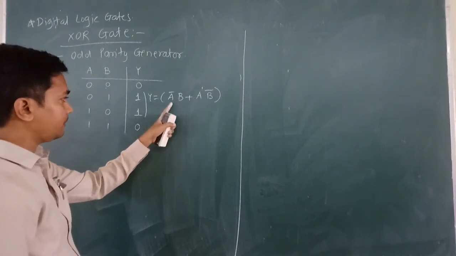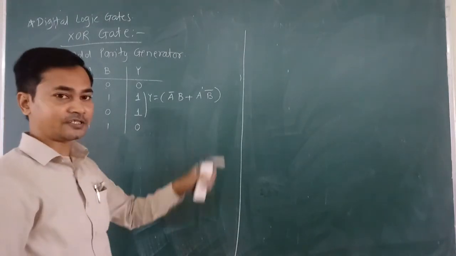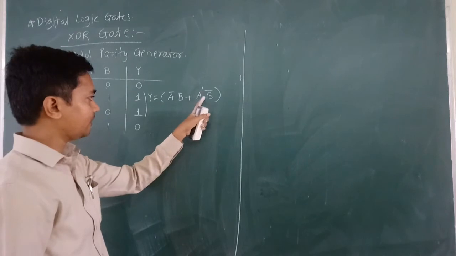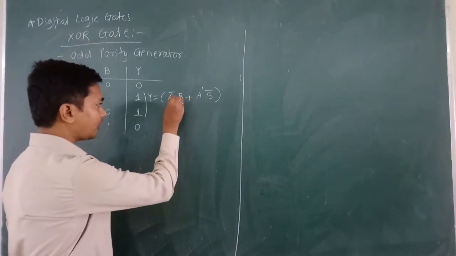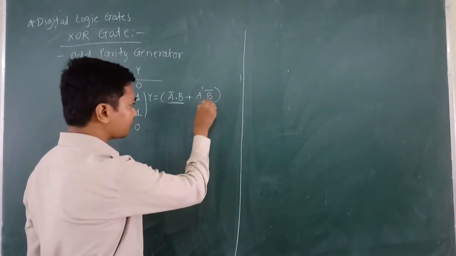Now we will implement this equation using switches: A bar B plus A B bar. A bar dot B is an AND operation, and A dot B bar is also an AND operation.